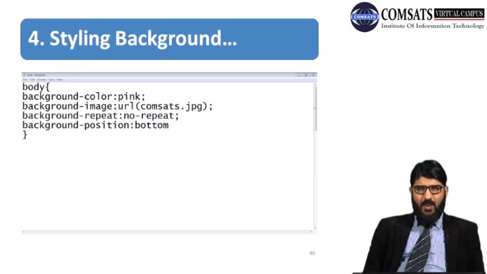And then, do you want to repeat the background? No repeat means it will not appear again and again. And then the background position, that is bottom, the image should appear at the bottom of the web page.